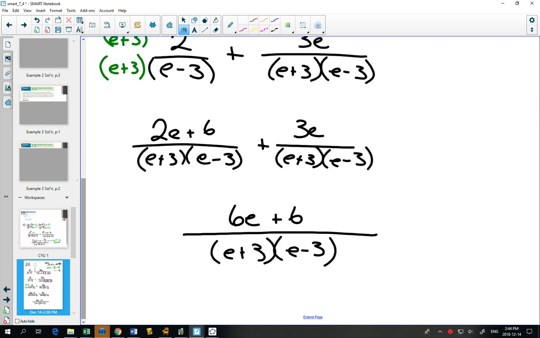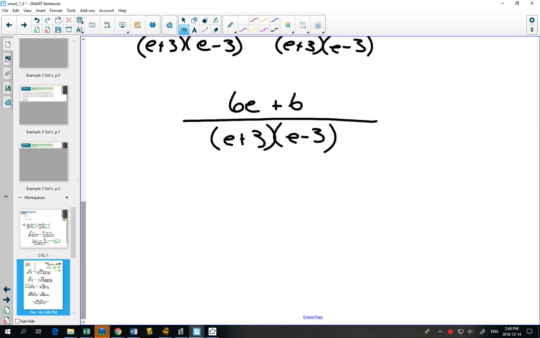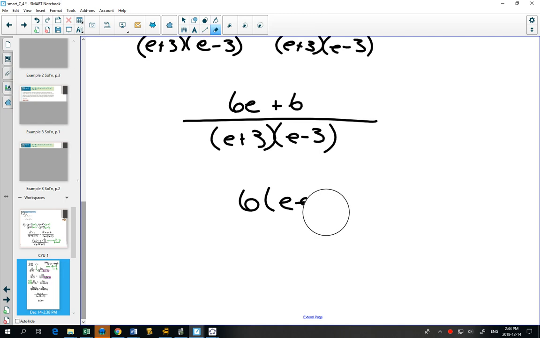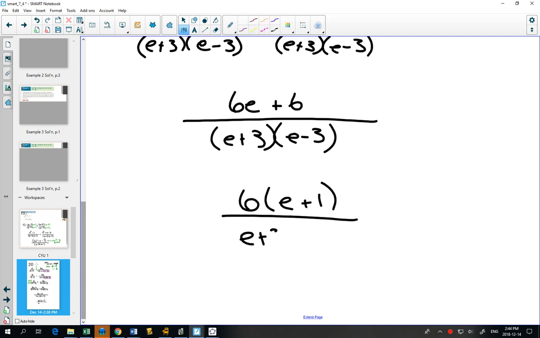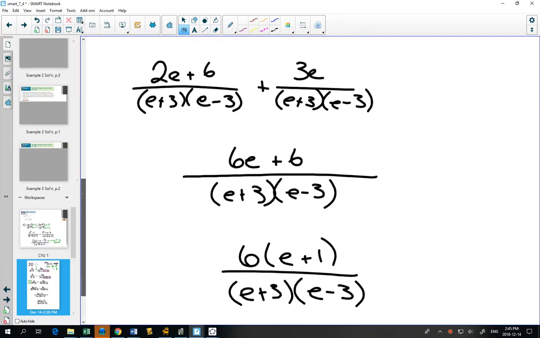Can we factor our numerator? Yes. We could take out a 6. But when we take out that 6, nothing simplifies, so this would be done. Here, wait a second, wait a second.